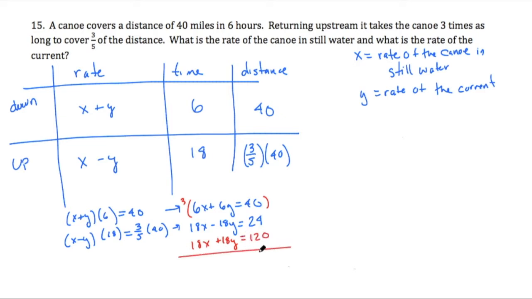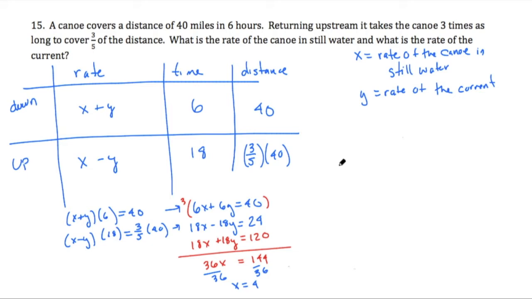Great. So if we go ahead and add these two equations together, we will get 36x equals 144. So we can divide both sides by 36, and we get that x is 4. So 4 being the rate of the canoe in still water, so 4 miles per hour is the canoe.